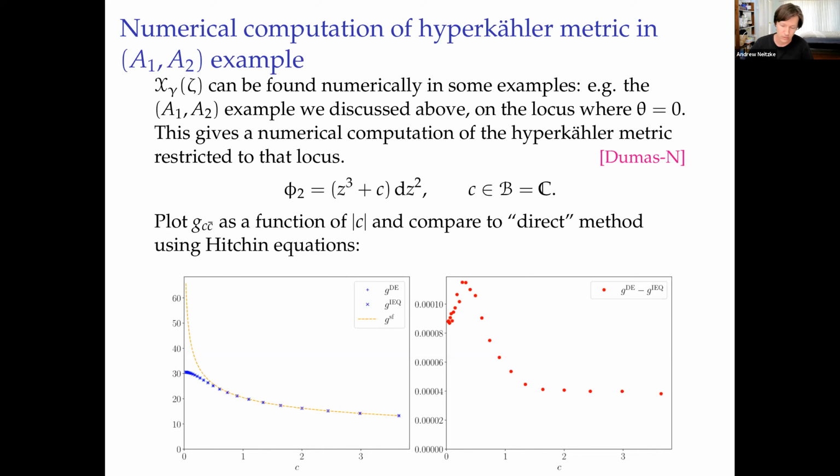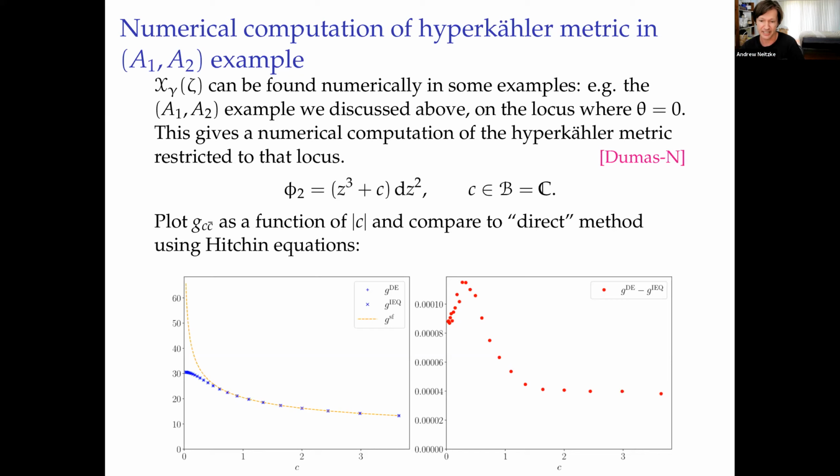On a complicated Riemann surface that seems hard to do, but in this example, in the plane, you can actually do it. You can just numerically solve that PDE and compute the metric that way. So I plotted pluses for the metric coefficient computed that way. And what you see in the picture, hopefully, is that you don't see pluses or crosses, you just see these little stars. And that indicates the agreement between the two computations.